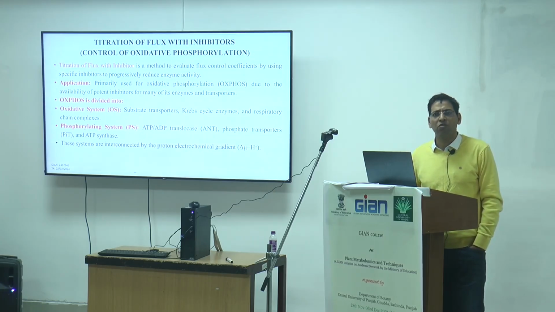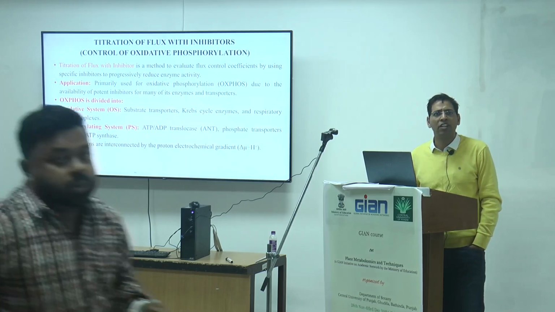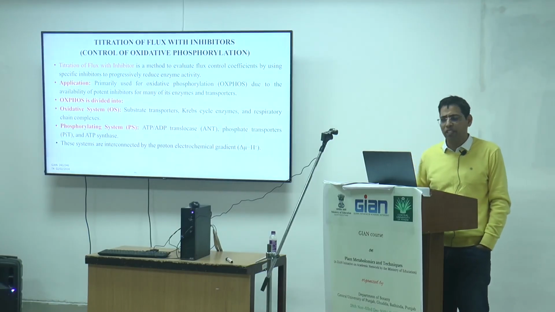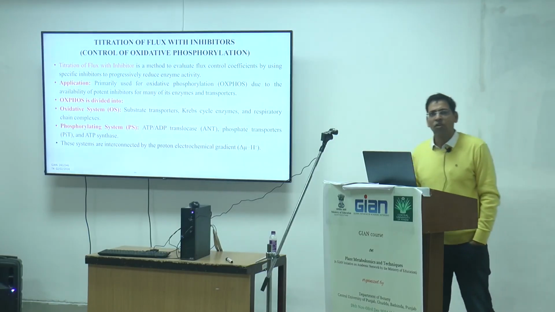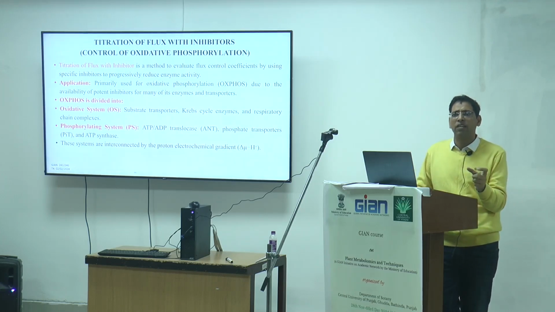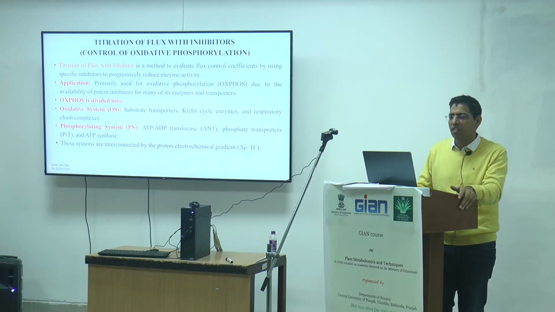Oxidative phosphorylation is a key reaction in the biological system. If you inhibit the oxidative phosphorylation reaction, you are basically shutting down the whole system. And this is not an inhibitor of a single enzyme or transporter; there are many potential inhibitors which influence the enzymes and the transporters.